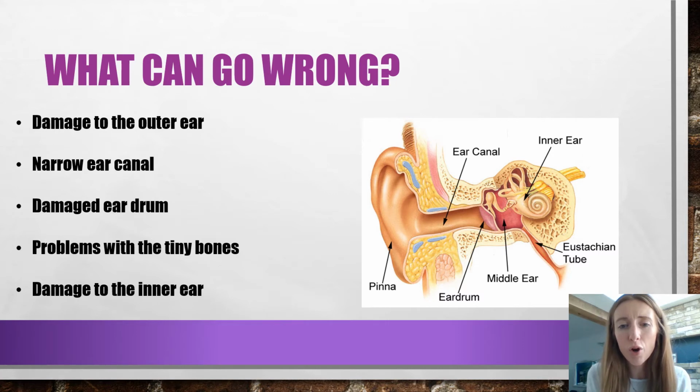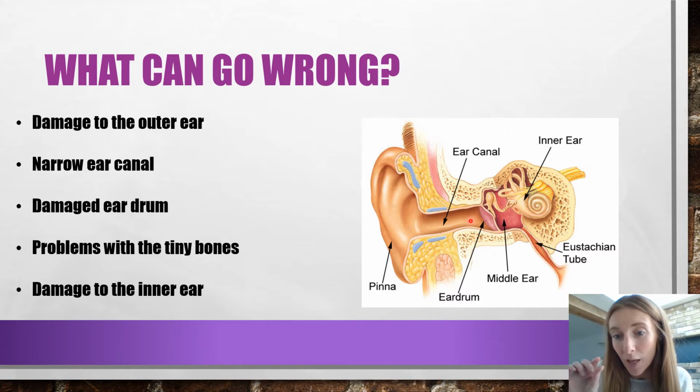So what can go wrong, and why do some people have a hearing impairment? So there are lots of different things that can go wrong. Sometimes there might be a problem with the outer bit of the ear that we see. It might just not have formed properly when we were growing inside tummies, and so that can make it difficult for the sound to travel through. We can also have trouble with this canal.